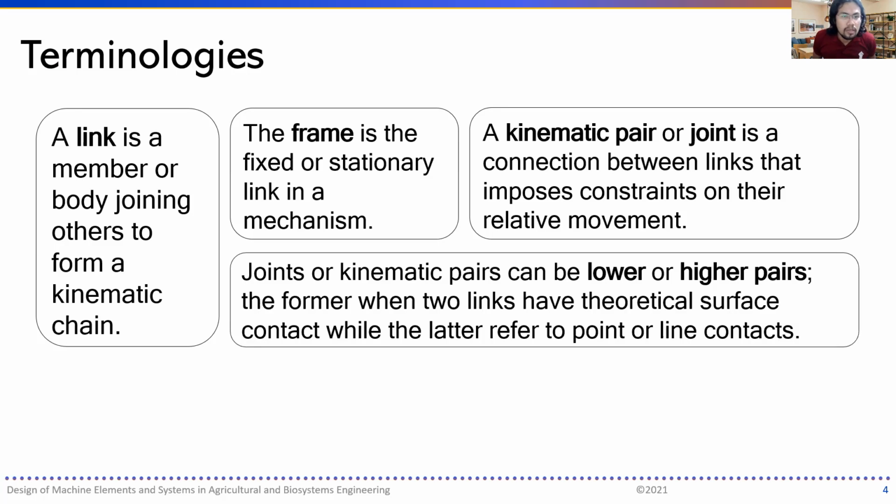So a link and a kinematic pair, and various links is called a kinematic chain. So joints or kinematic pairs can be lower or higher pairs. A lower pair is when two links have theoretical surface contact, while higher pairs have point or line contacts.